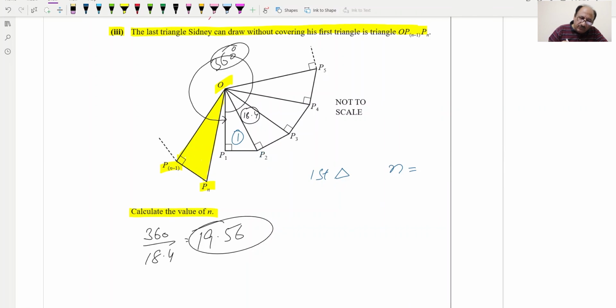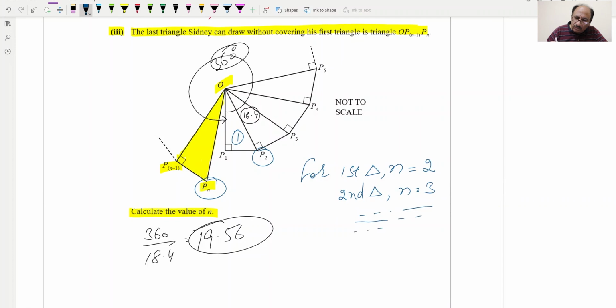So the n value will be 2 because n is on this corner, so P2. So for the first triangle n is equal to 2. For the second triangle n will be equal to 3, and so on.